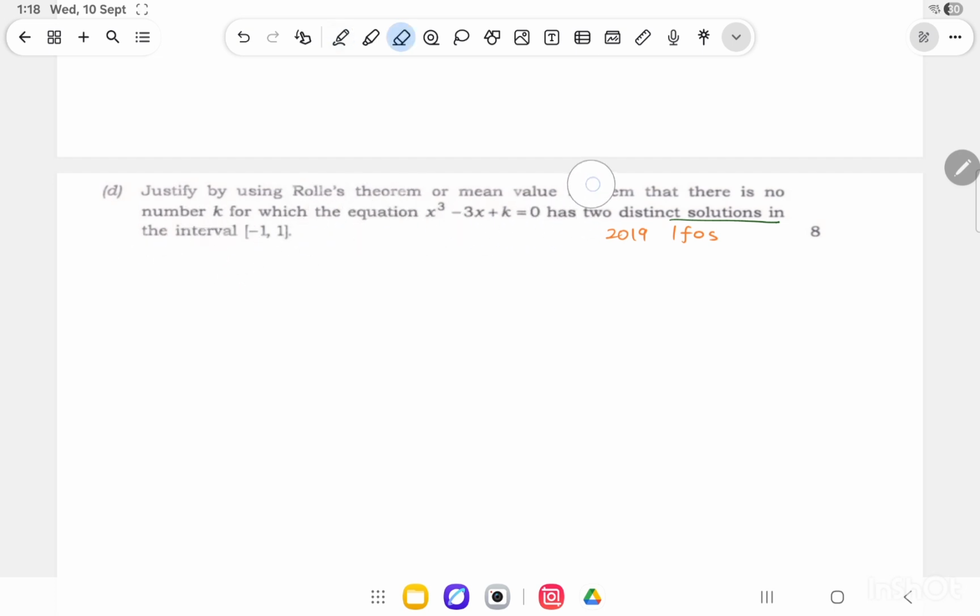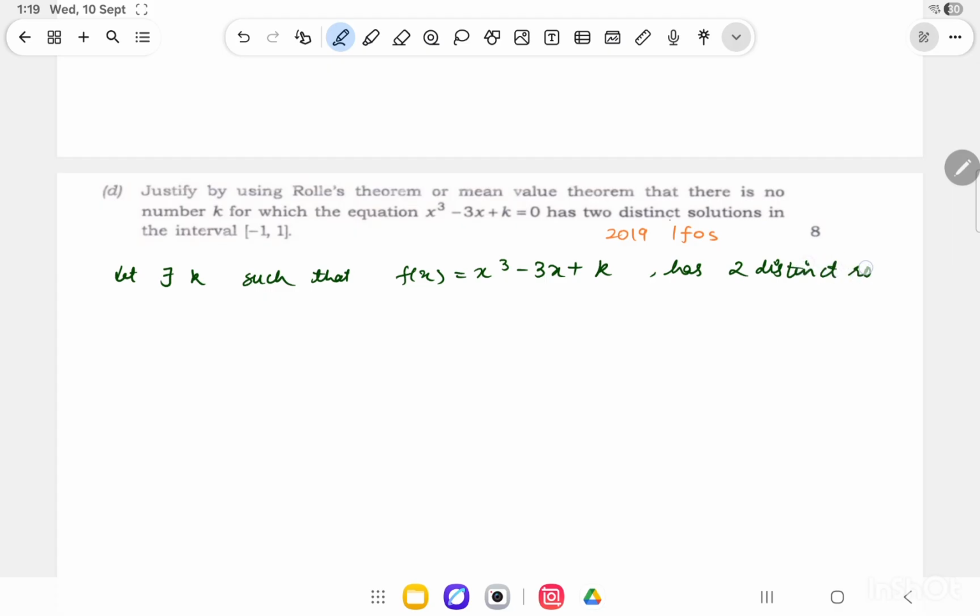So let us assume on the contrary that there exists k such that f(x), that is x^3 - 3x + k, has two distinct roots in the interval (-1, 1).